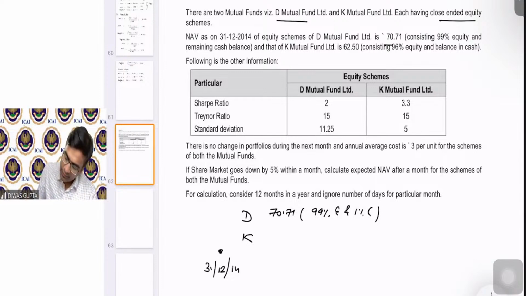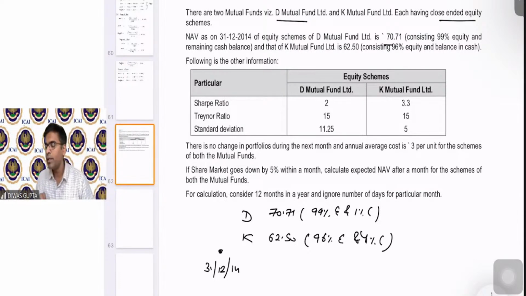And here, 62.5, 96% equity, and 4% cash. Okay, students, this is understood. So what they have done is they've invested 96% of their funds into equity and 4% of the funds are kept as cash. So 62.5 can be broken up into two parts.